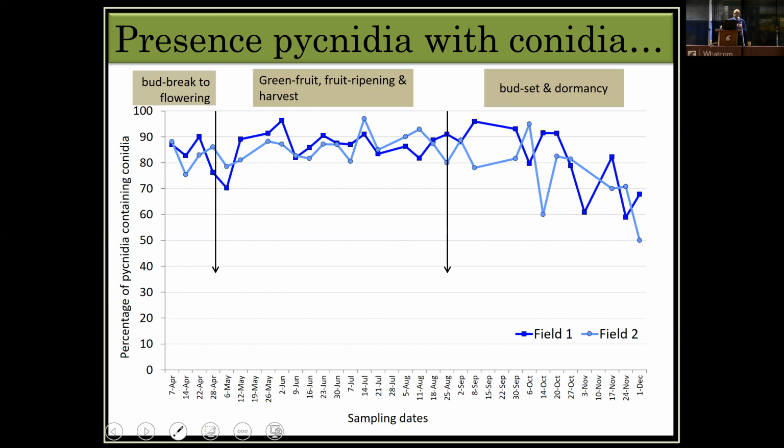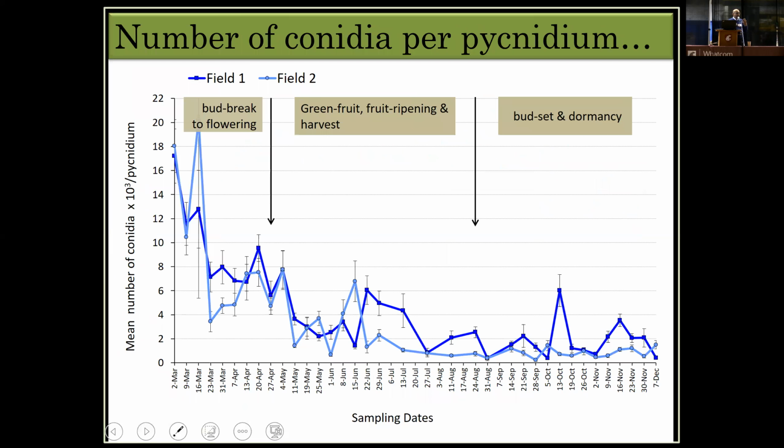But when you look at the number of conidia in each Pycnidium, the highest number we found very early in the season, about 10 to the power 3, that is about 4,000 to 8,000 conidia per Pycnidium. Then as the season progressed into summer and late in the season, the number reduced dramatically.